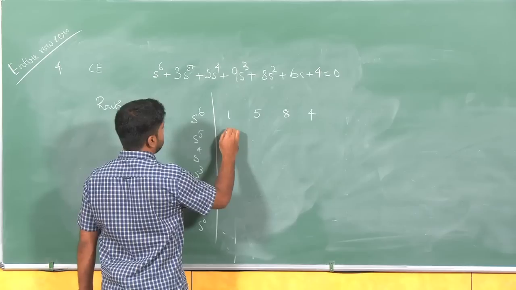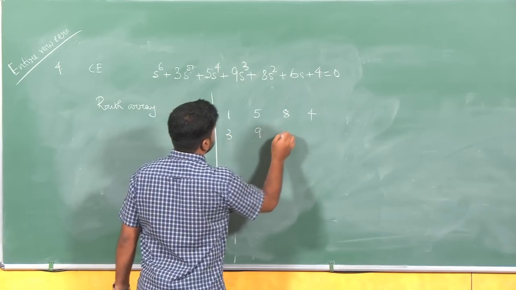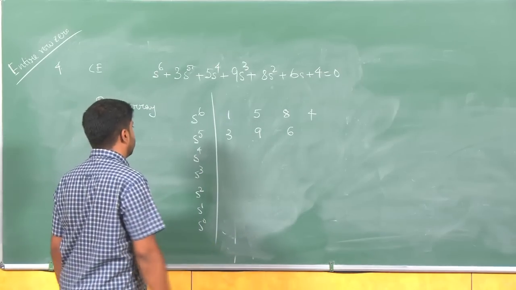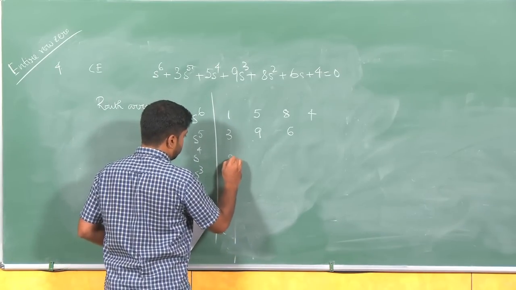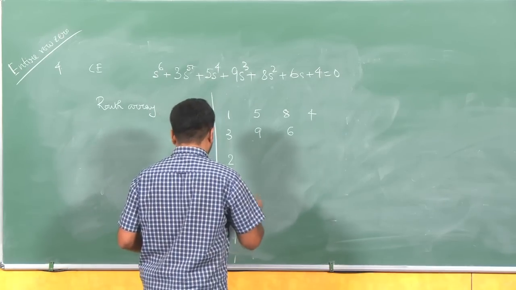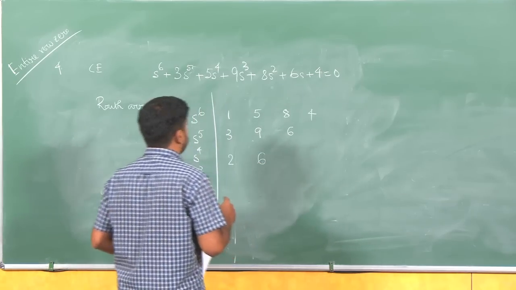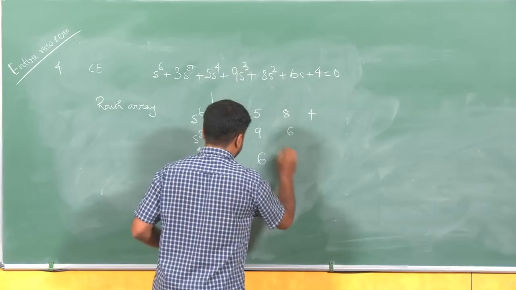And here first element is 3, then 9, and then 6. Okay. So, here first element will be 2, 15 minus 9 by 3 are 2, and then 6. Okay, and last term is 4.